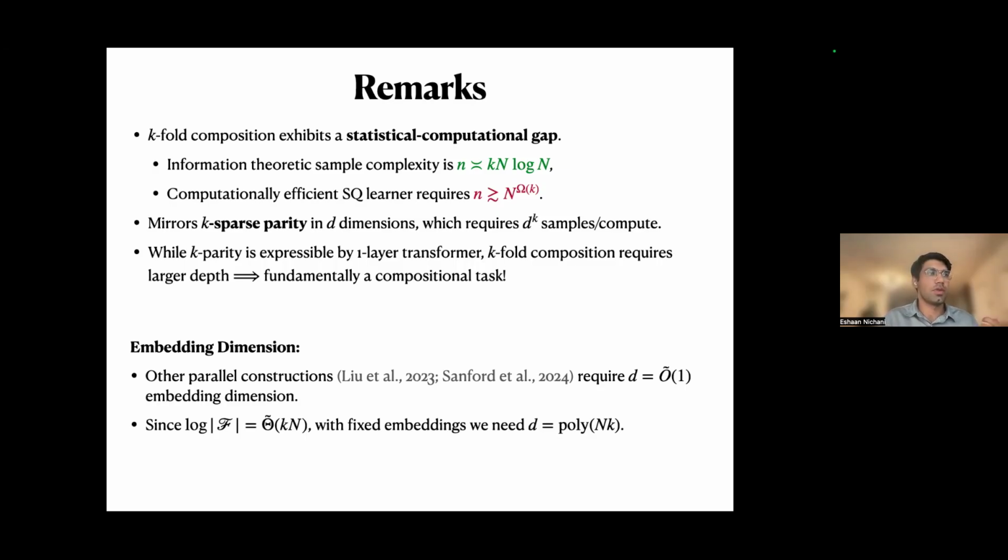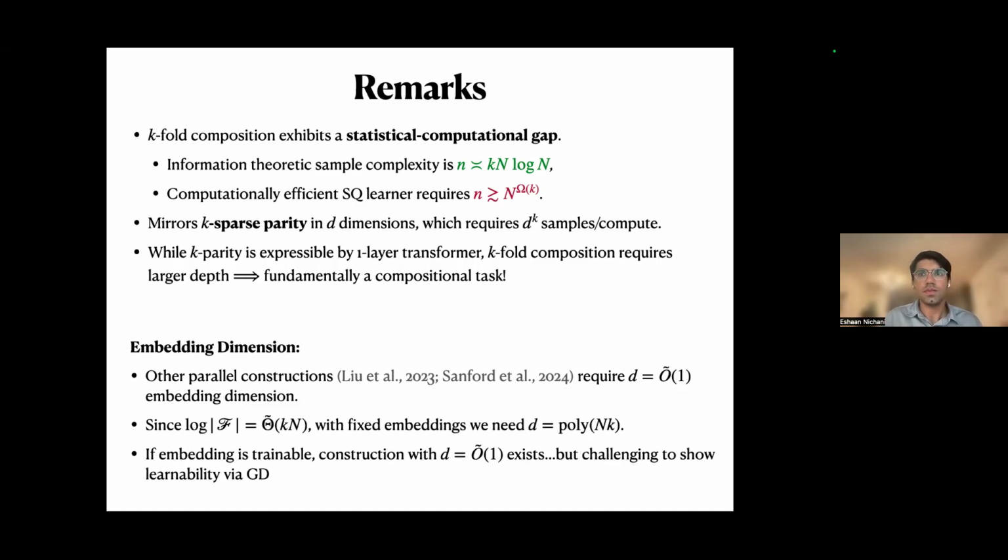And since log of the size of the function class is k times n, via a parameter counting heuristic, in order to express f sub pi for all possible values of pi, there need to be at least k times n parameters in the network. Okay, so this is just something that we need because we fixed the embeddings.